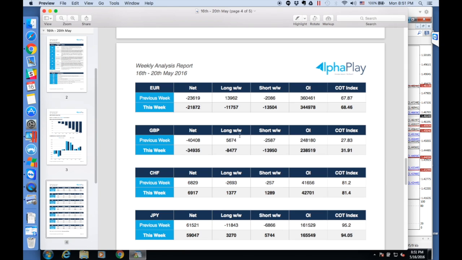If you compare long week to week, it's just showing you if it's a positive sign, meaning more people add on to their position. If it's a negative sign, it means people exit their position. In the futures market, you have two positions. You either long it or you short it. So if the long column shows a negative sign, people are exiting it.